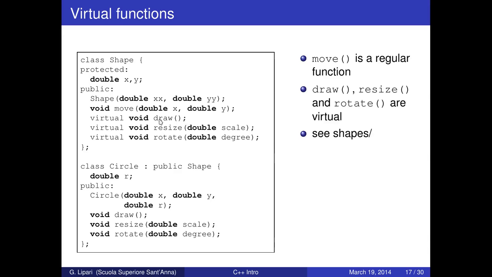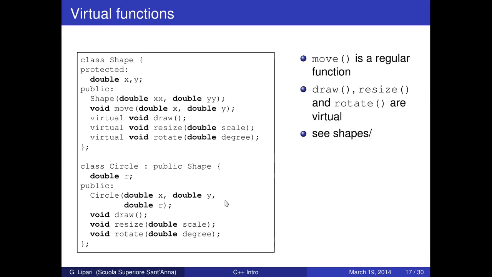And then I have three virtual functions: draw, resize, and rotate, because of course the way I'm going to implement this depends on the specific type of object. And this is, for example, the class circle, in which I define r as the radius and I inherit x and y as the centers.